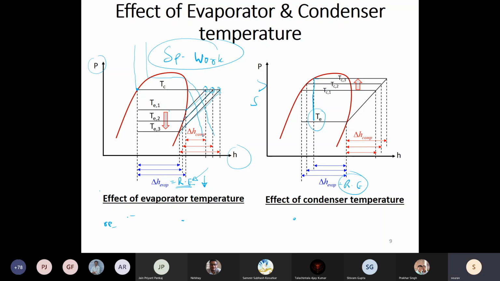So you see that if you reduce your evaporator temperature, your discharge temperatures are higher because the isotherm which will pass through this will be somewhere here. It looks like supercritical, but this is just a sketch. So you're moving towards right. Okay, so you will have an isotherm at a higher temperature passing through this point. So when you lower down your evaporator temperature, discharge temperature from the compressor goes high.